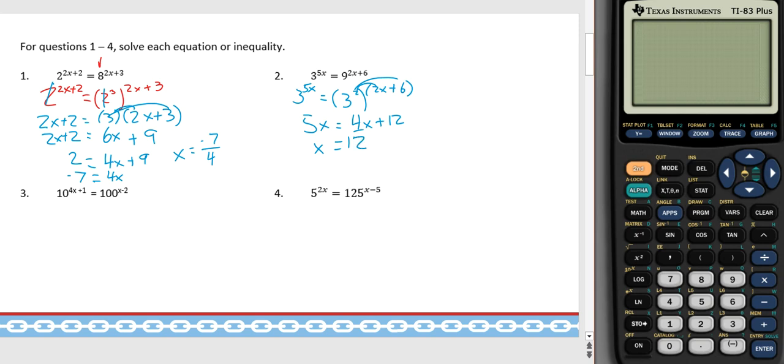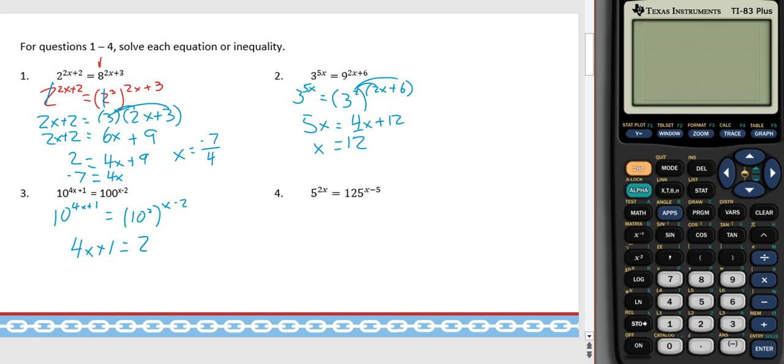For number 3, I am going to try to rewrite both of these as a power of 10. So this would be 10 to the 4x plus 1. And the right side is going to be 10 squared, right? Because 100 is 10 squared, to the x minus 2 power. The base of 10 is equal, so I need to make the exponent part equal.